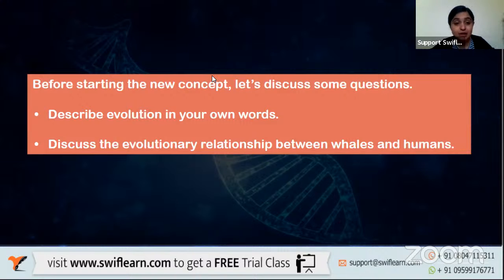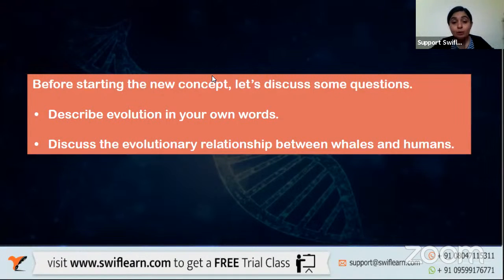It takes millions and millions of years. That means several generations will take part, and it relies on the process of natural selection. The theory of evolution is based upon the idea that all species are related and gradually changed over time, right? This was my description of evolution in my own words.